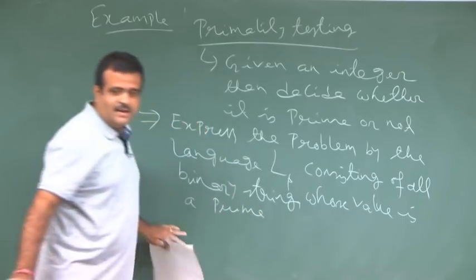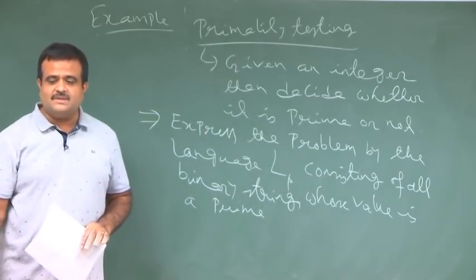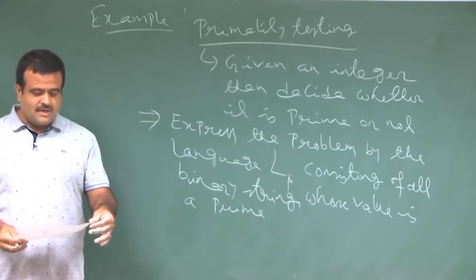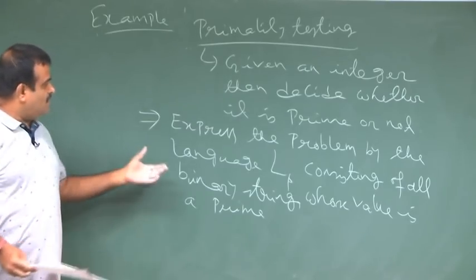So, that we are defining as LP. So, LP is nothing but the set of all binary strings whose value is a prime number.